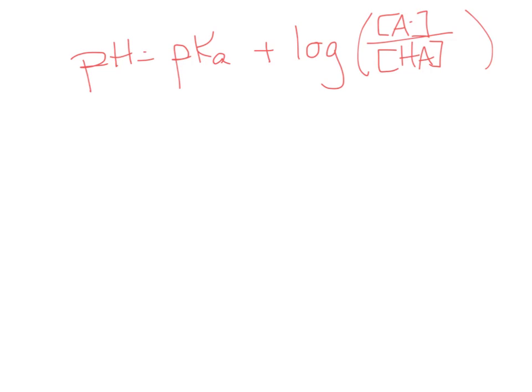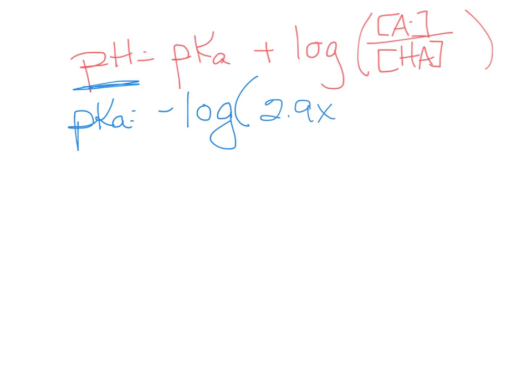Here's the Henderson-Hasselbalch equation, and pKa, they usually give you Ka in the problem, is negative log of 2.9 times 10 to the minus 8, and that equals 7.54.